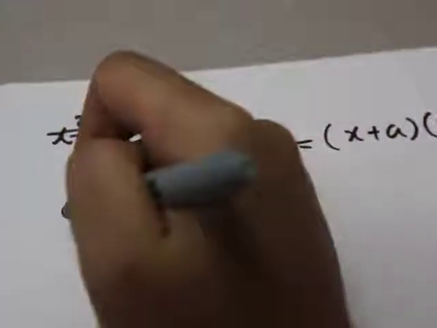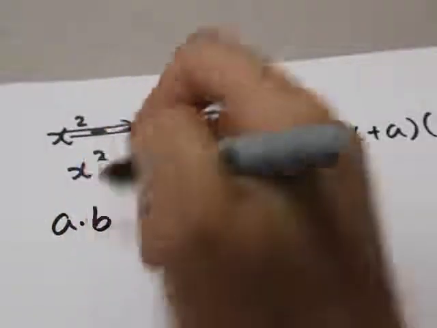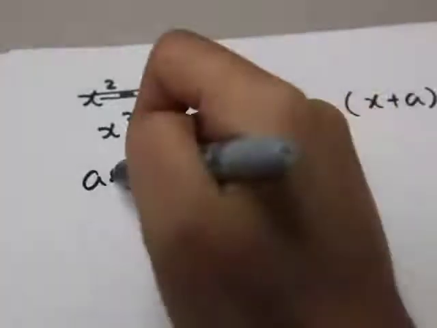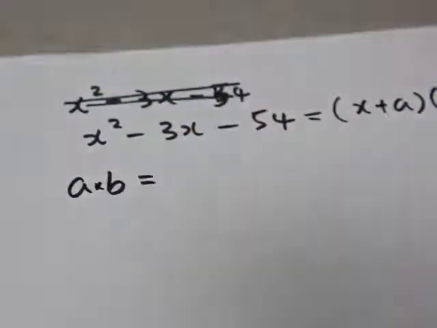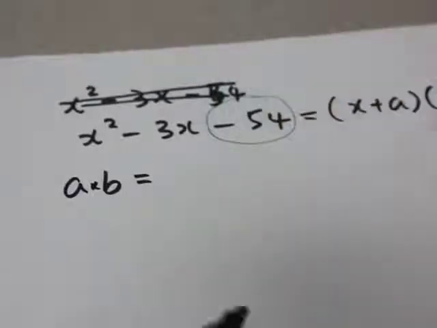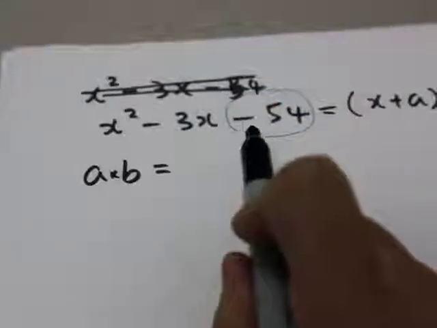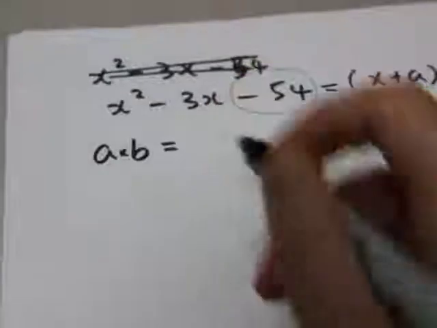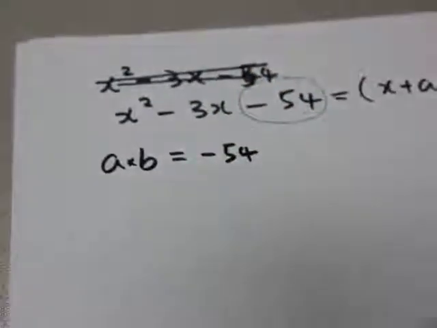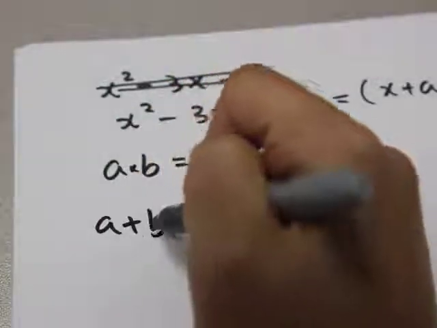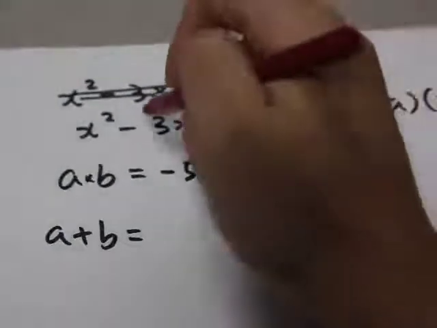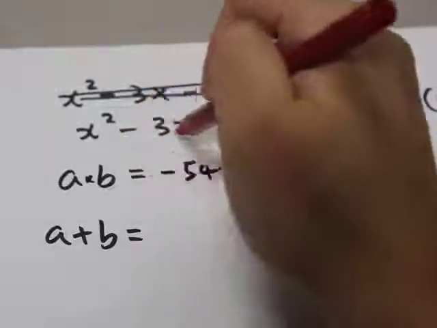So we said the product of these two numbers, a and b, is equal to the constant, and remember you have to include everything. Since this is negative 54, the product is negative 54. And the sum is the coefficient of x.